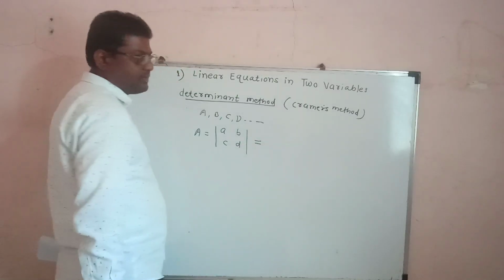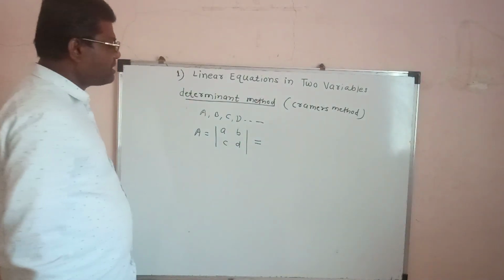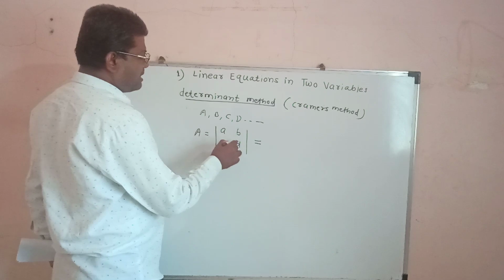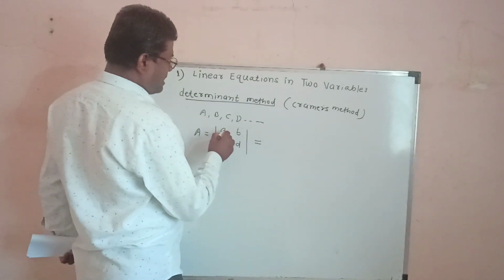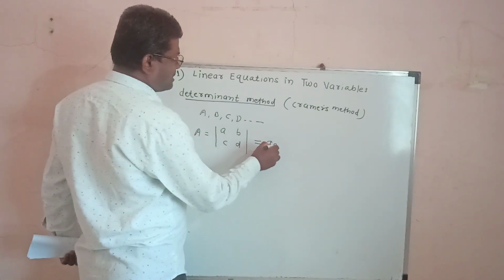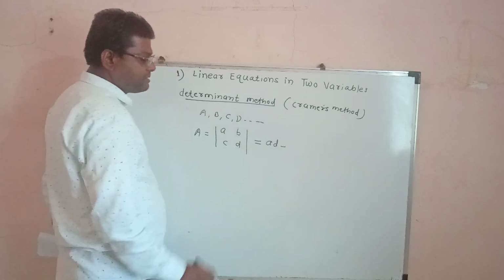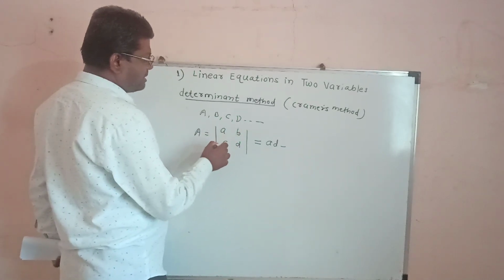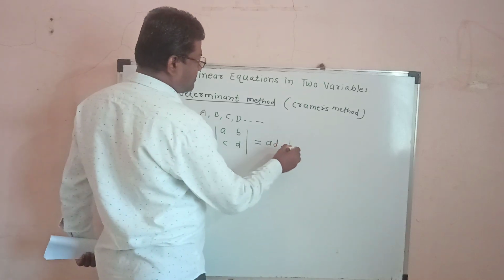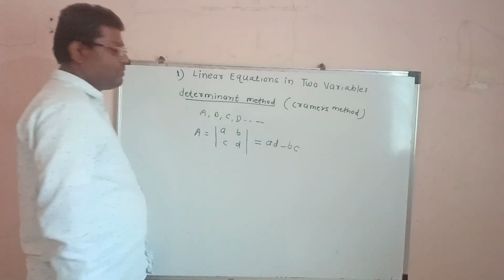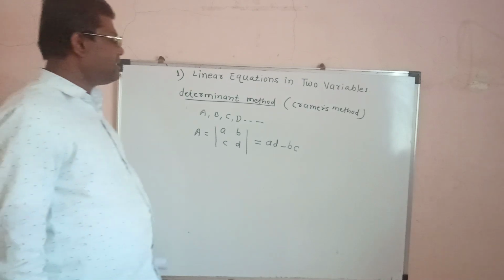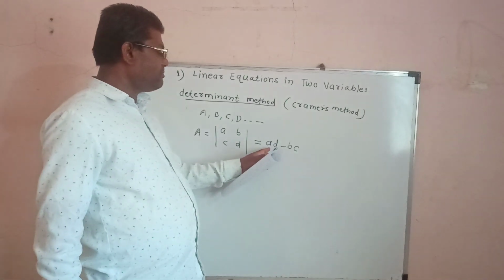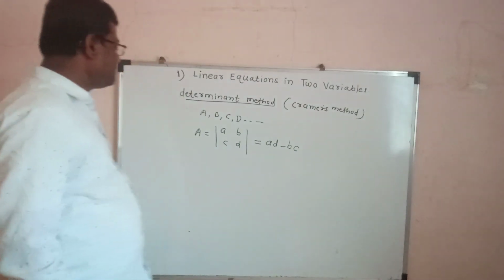We take the cross product of numbers a and d, that is a into d, ad, then minus the cross product of numbers b and c, b into c, that is bc. So the value of this determinant is ad minus bc.